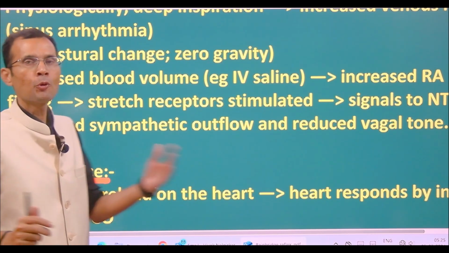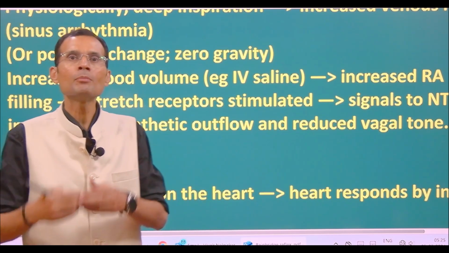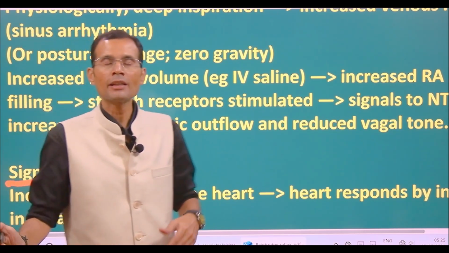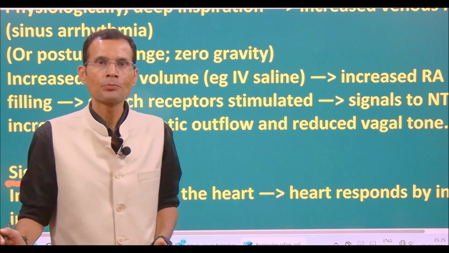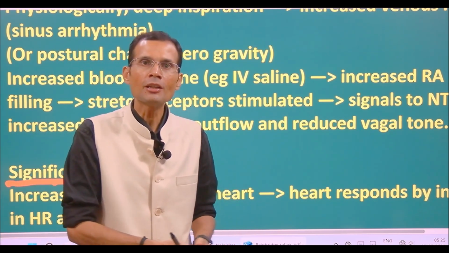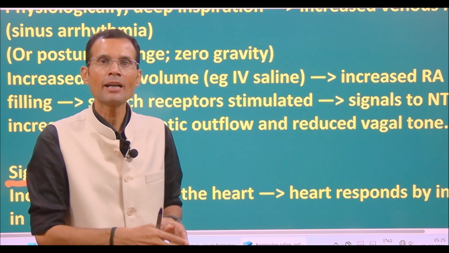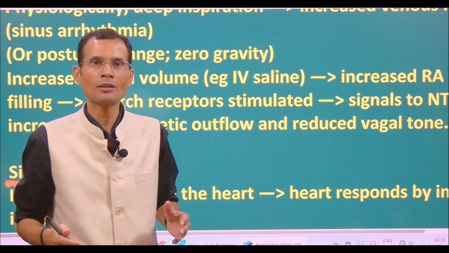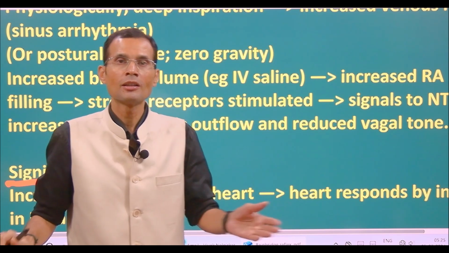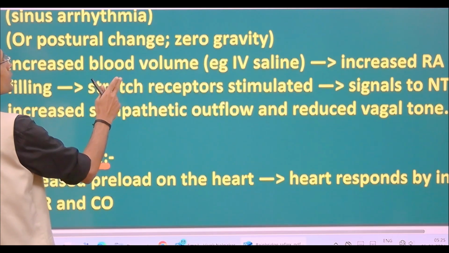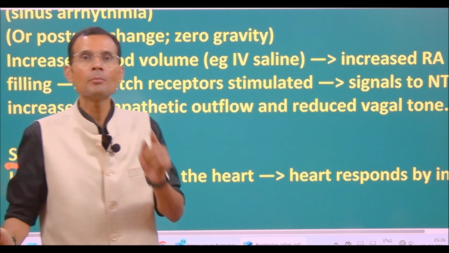Or a change of posture, and suddenly more blood will return to the right side of the heart, or a person going into zero gravity. You see, because of gravity, more blood is pulled into the lower extremities, and therefore there is less venous return to the heart. But in zero gravity, the venous return will increase. So all these are real life situations which will trigger the Bainbridge reflex.